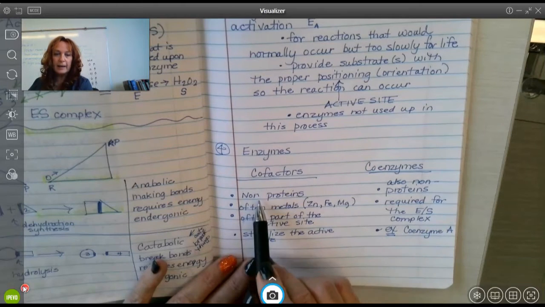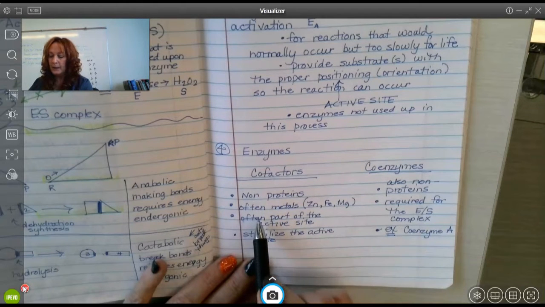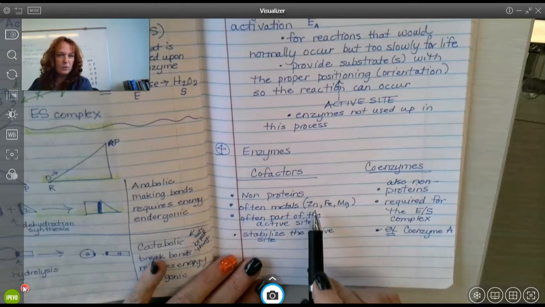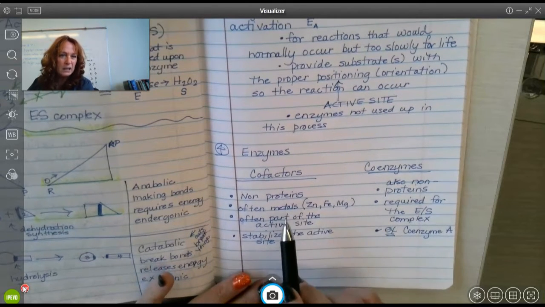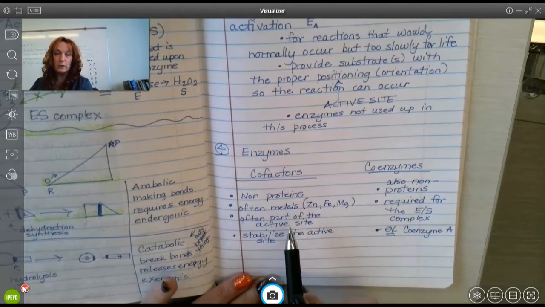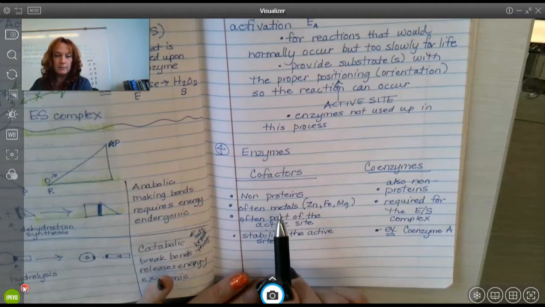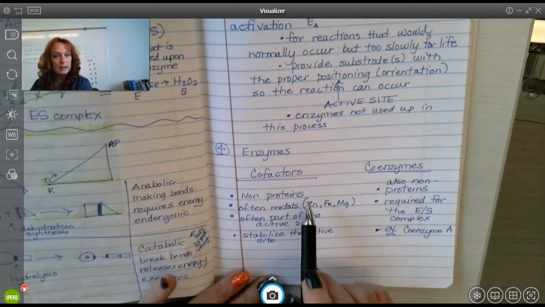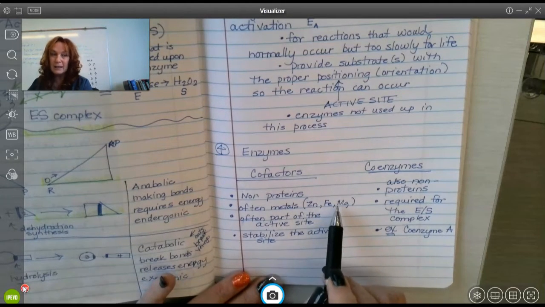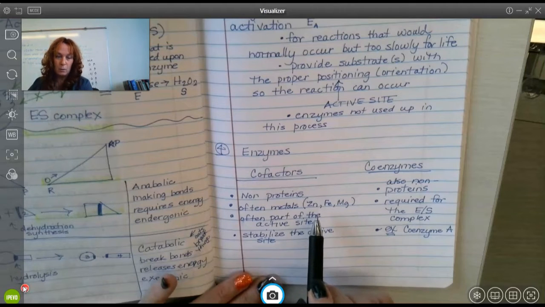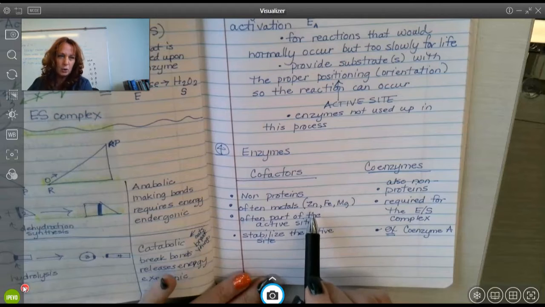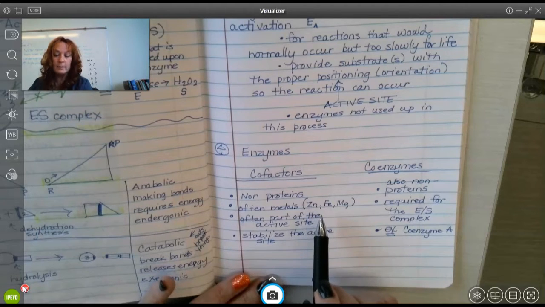So inside the active site will be some metal. That's the reason we were saying, who needs manganese anyway? Well, those weird things that you find in your vitamins and minerals are there because if you don't have these, the enzyme will not work. It won't be able to function. And so they'll have things like zinc fingers, they'll have different names that they call them, but these are required.